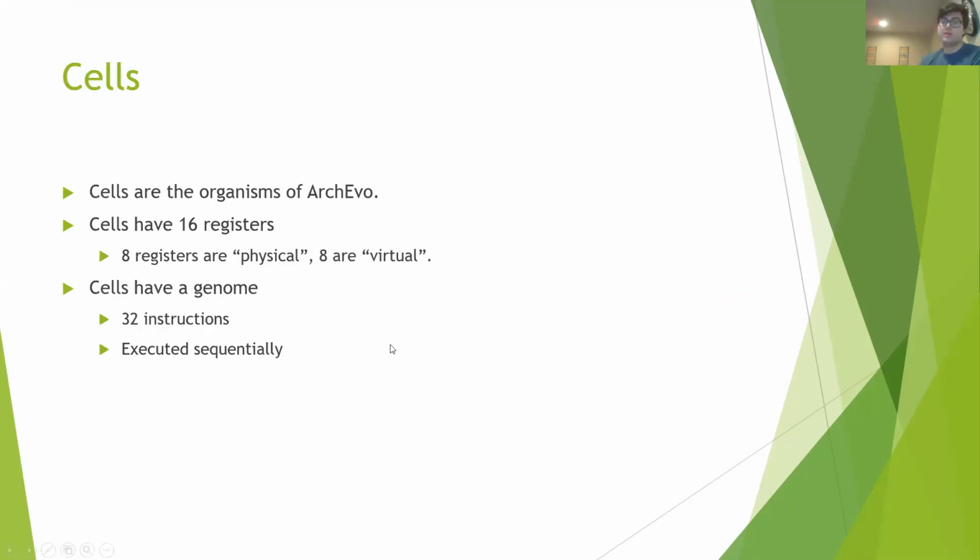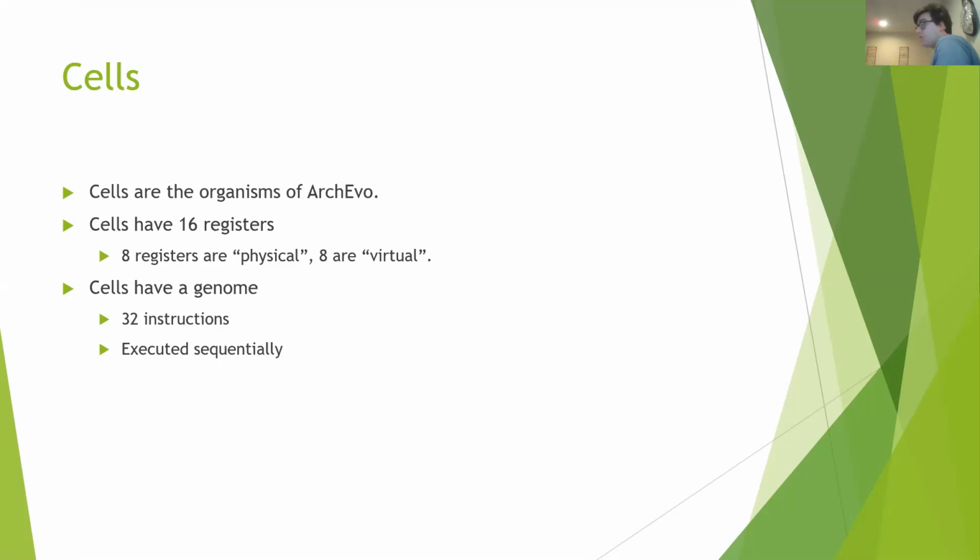So, let's talk about the system. The primary units of evolution are cells. All of them have 16 registers, 8 of which are physical and 8 of which are virtual, which I'll explain in the next slide. They also have a genome of 32 instructions that are executed sequentially.